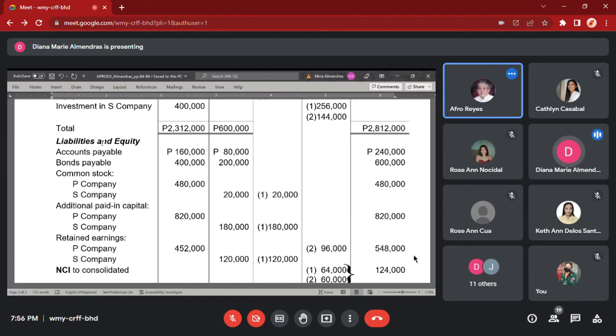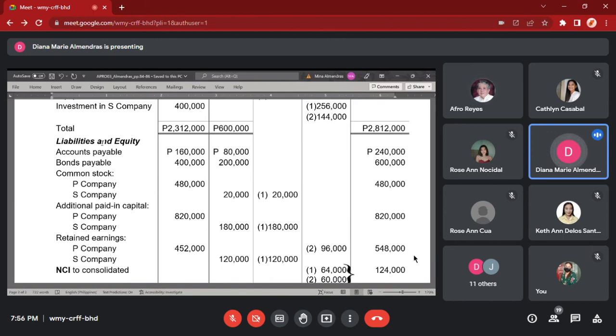Liabilities and equity, accounts payable of P Company 160,000 while for S Company 80,000. The consolidated is 240,000. Bonds payable of P Company 400,000 while for S Company is 200,000. The consolidated is 600,000. Common stock of P Company is 480,000 which is recorded sa consolidated.